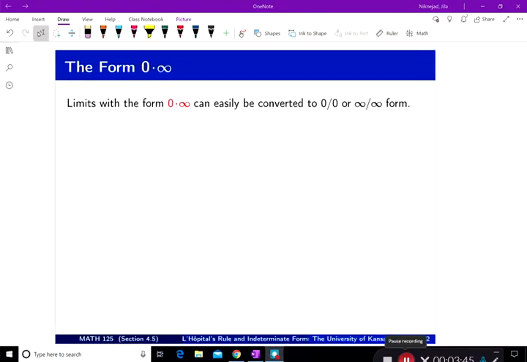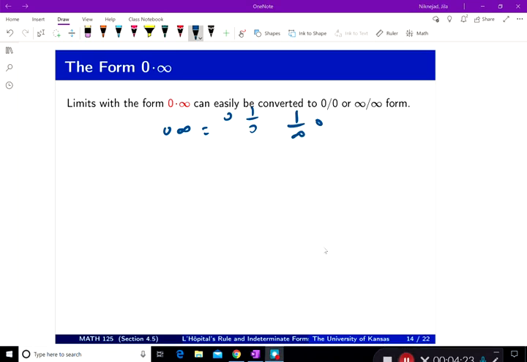So let's discuss another form that can be covered by L'Hopital's rule, and that's 0 times infinity. The beauty of 0 times infinity is that you can always write it as 0 times 1 over 0, or 1 over infinity times infinity, making it 0 over 0, or you can write it as infinity over infinity. So one of these methods usually works.